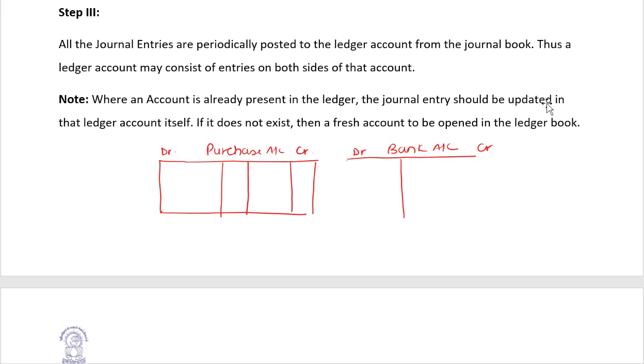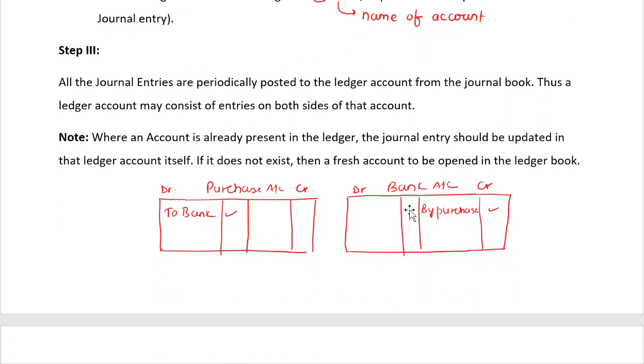So this is the proper format. And in the bank account, we will write "By purchases" and write the amount over here. I believe all of you must have understood till here.